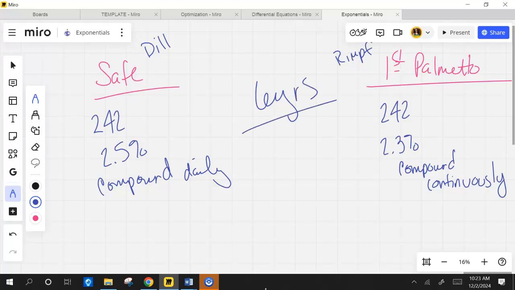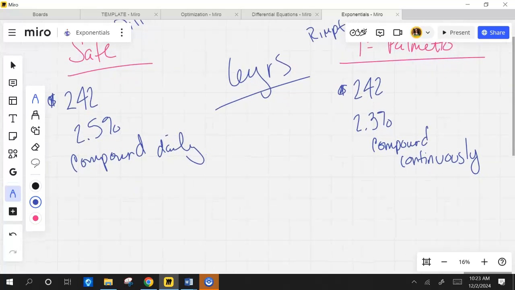Who has the most money after 6 years? Who has more money after 6 years? No, just $242. It's a little easier to work with.